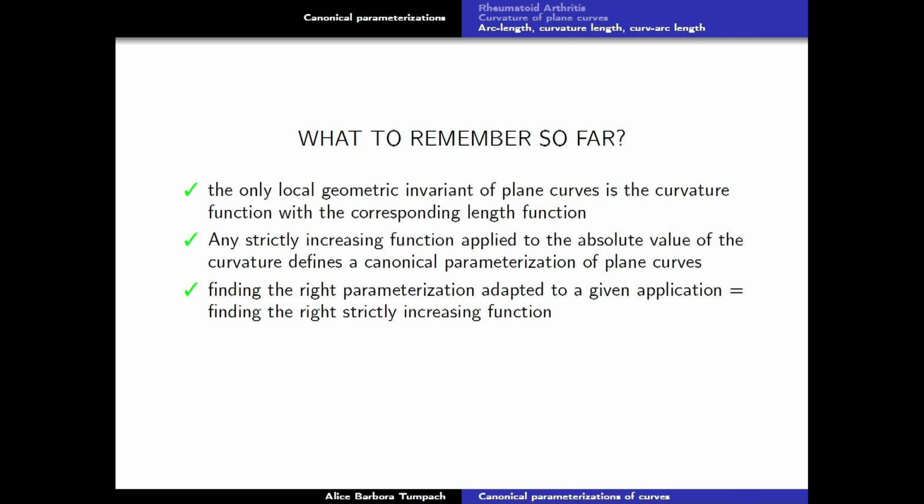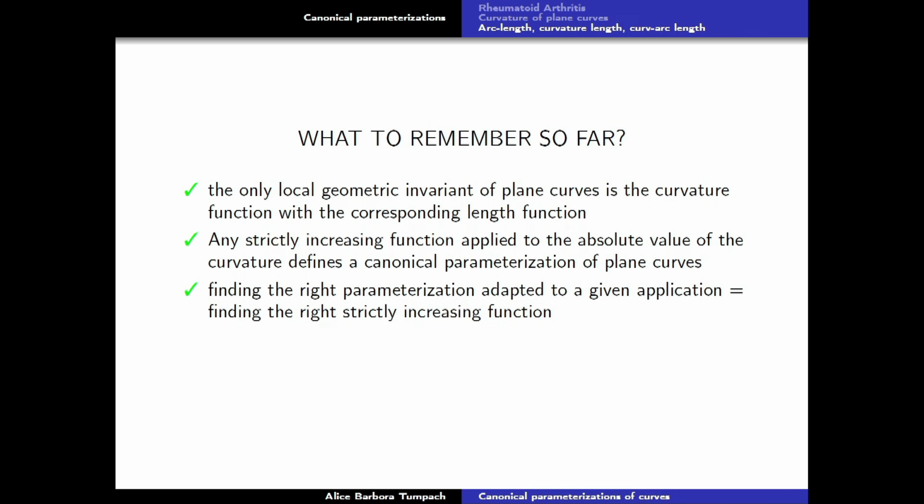So what is to remember so far? The only local geometric invariant of plane curves is the curvature. If you keep in mind the length function, how the length is varying. So for arc length, you just need the total length, that's enough, and the curvature function to recover your curve. If you have another parameterization, you need to keep in mind the length information.